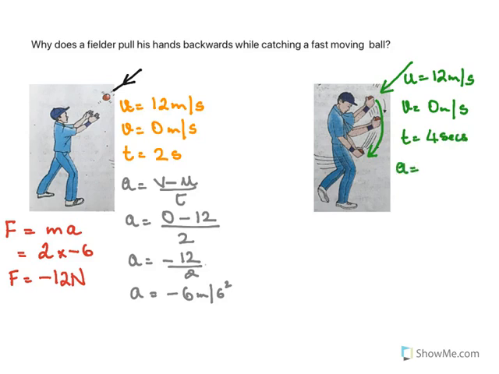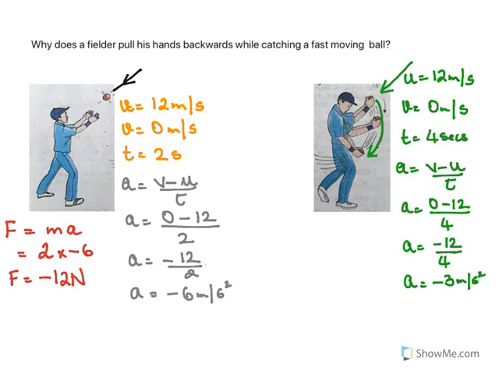So the acceleration is V minus U over T. So V we know is 0, minus 12, and T is 4. So the acceleration is minus 12 over 4, which is minus 3 meters per second square.